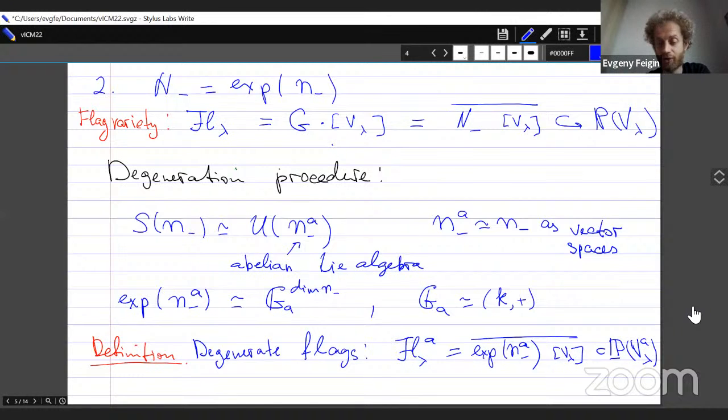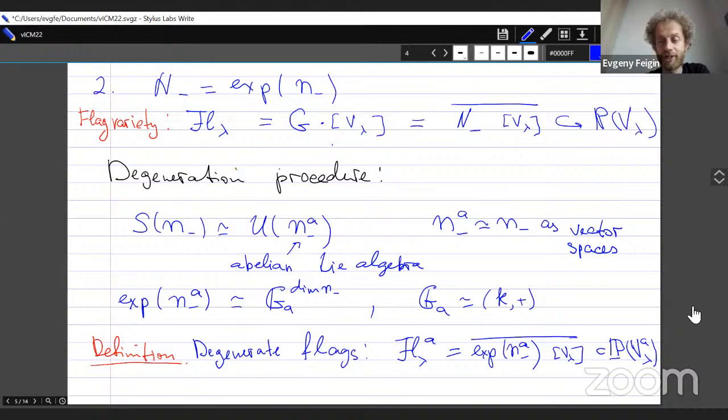Now the definition is very natural. We just take this group, and this group is somehow an analog of n minus we had before. We apply it to the line containing the highest weight vector, and then we close.